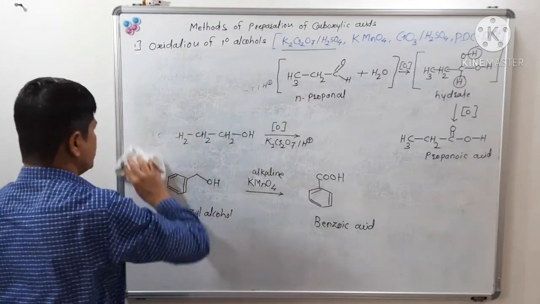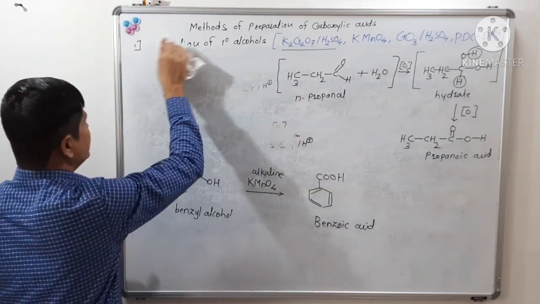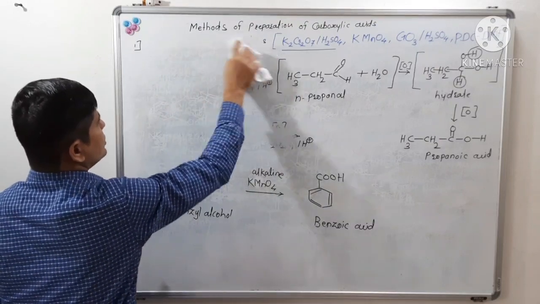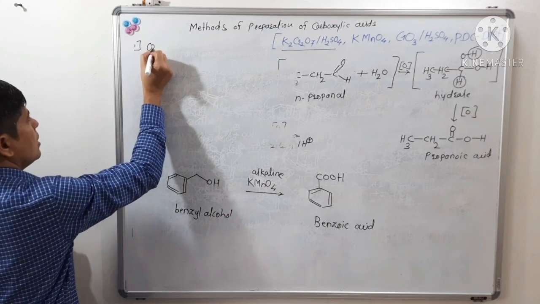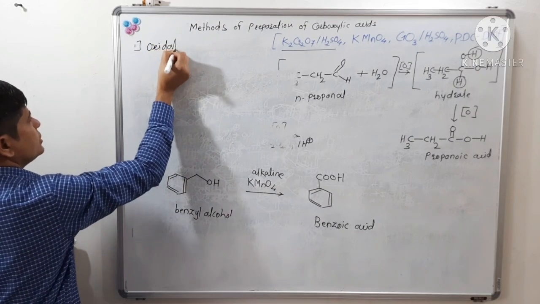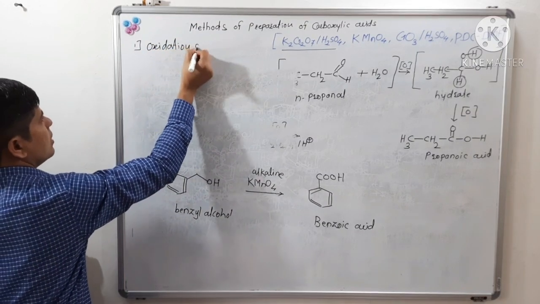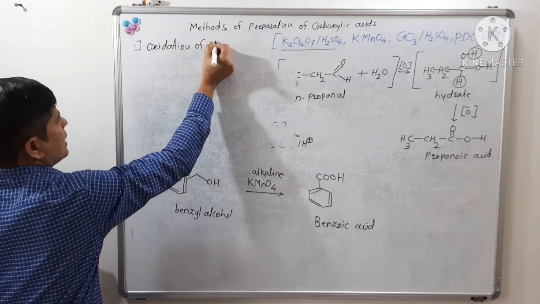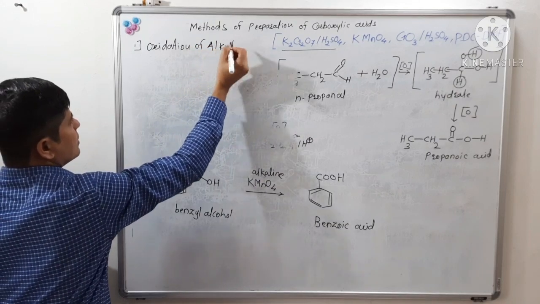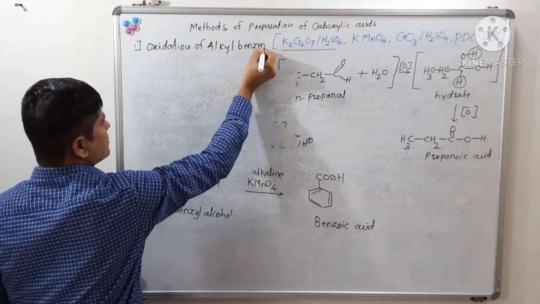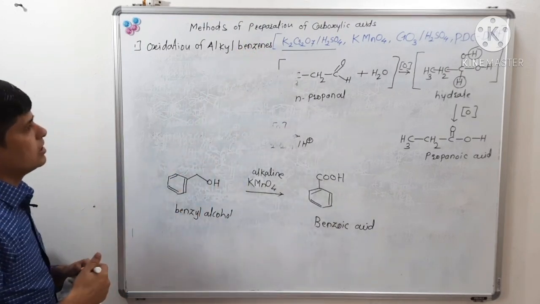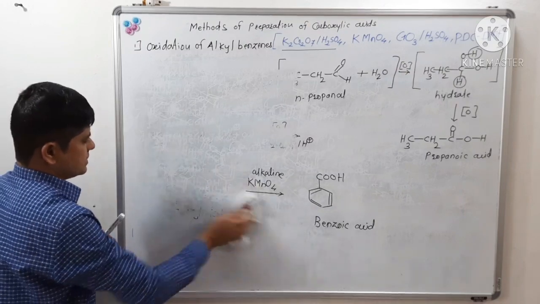Now let us see the second method for the preparation of carboxylic acid, which is oxidation of alkyl benzenes.